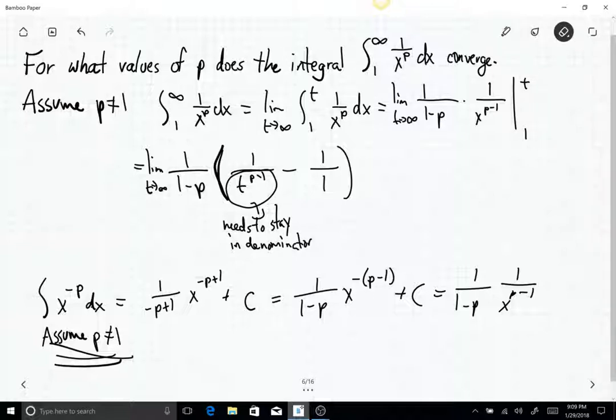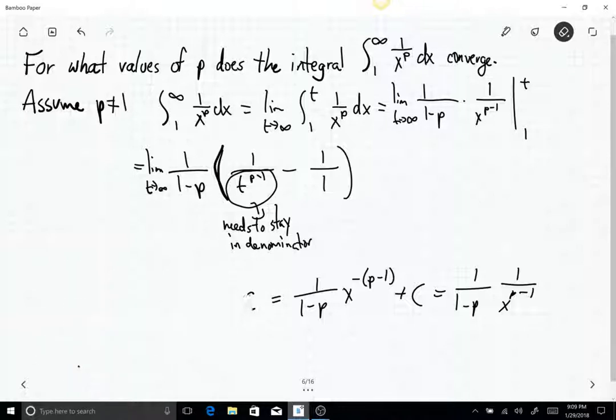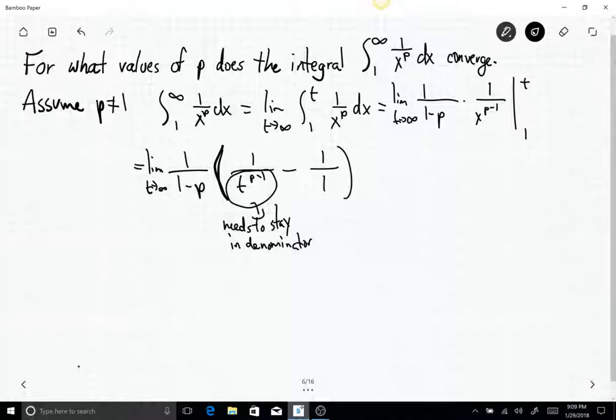So, with that in mind, what happens? Well, so I'll erase that bottom piece. We already had our antiderivative. We've taken care of that. So if that stays in the denominator, we're good, because we have 1 over infinity. That essentially goes to 0.